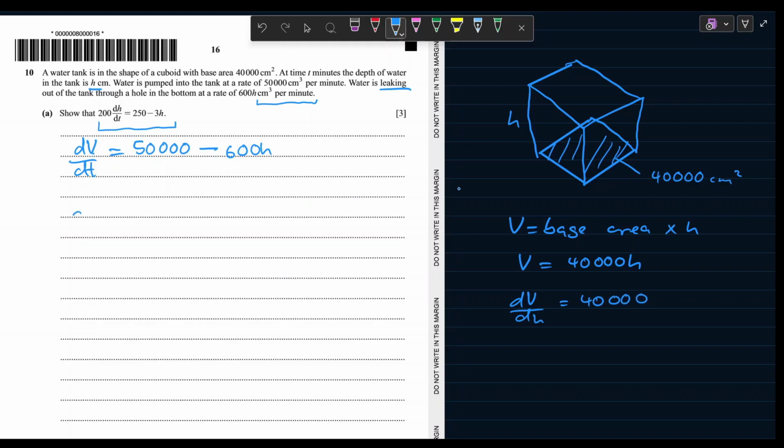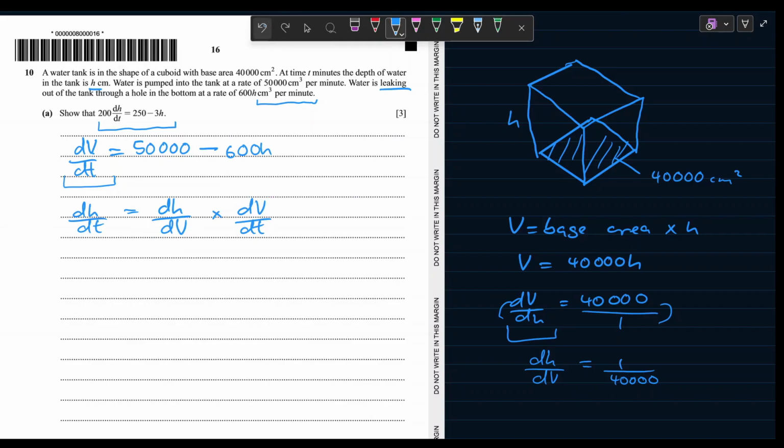As a result, we can now construct a chain rule for dh/dt and say that dh/dt is equal to, we want dh in the numerator. So from these two, where do we have a dh? The dh is in dV/dh, but we're going to want to use dh/dV instead because we want dh in the numerator. And so what happens here is you're going to have to flip this, so that's 1 over 40k. So this is dh/dV, and this is multiplied by our dV/dt here. So technically this would cancel out to give us dh/dt.